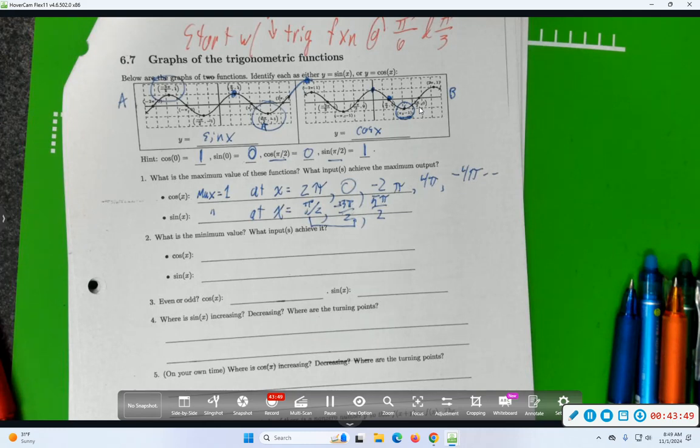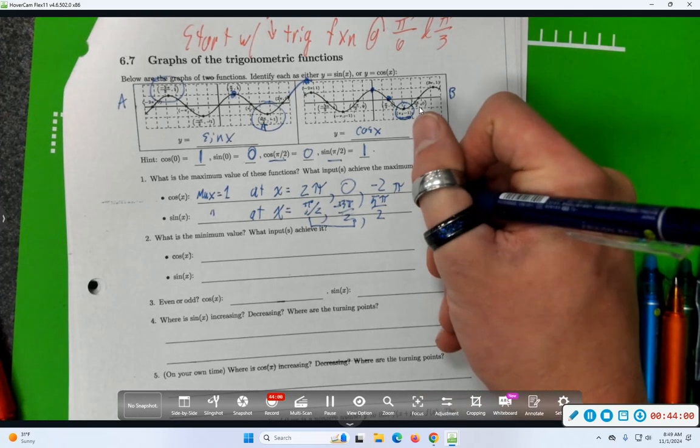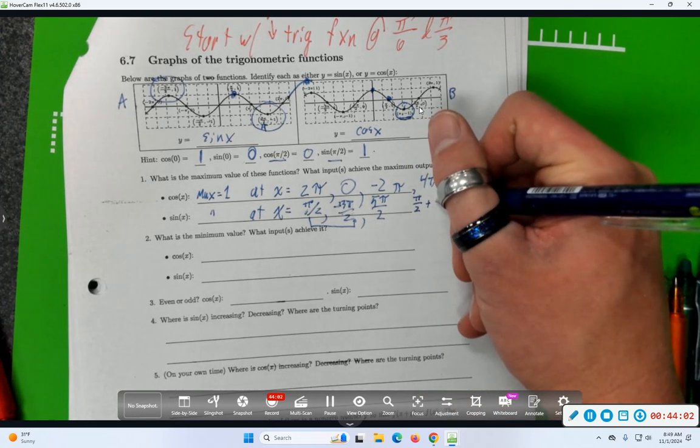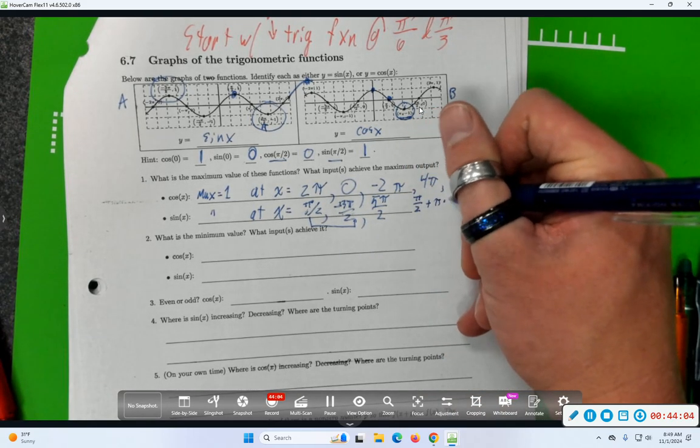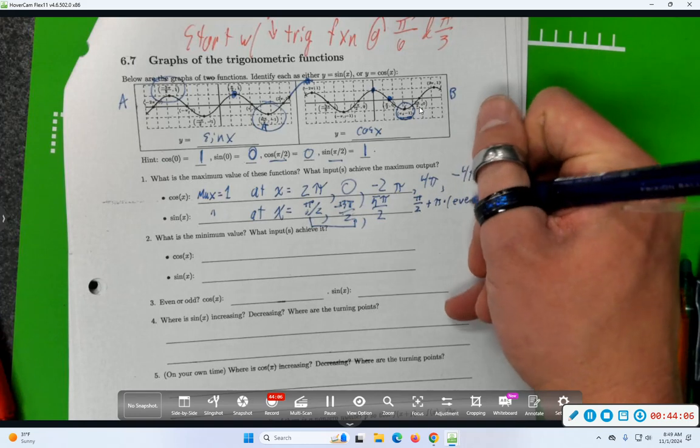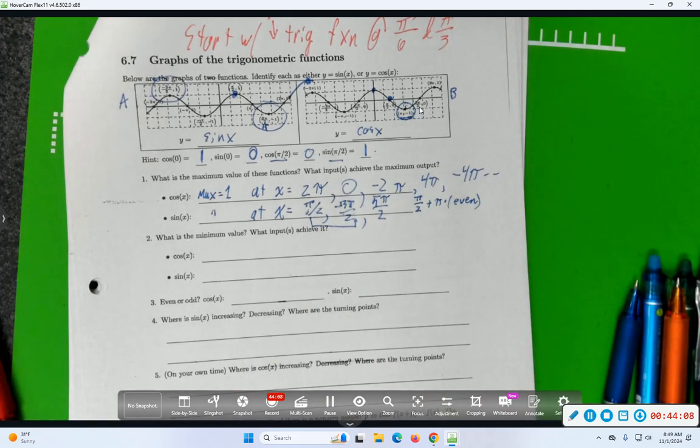What's the gap from this x value to that x value? Another 2 pi? So I think the pattern is in fact anything that looks like pi over 2 plus pi times something even. Which I guess makes sense because all the trig functions repeat every 2 pi.